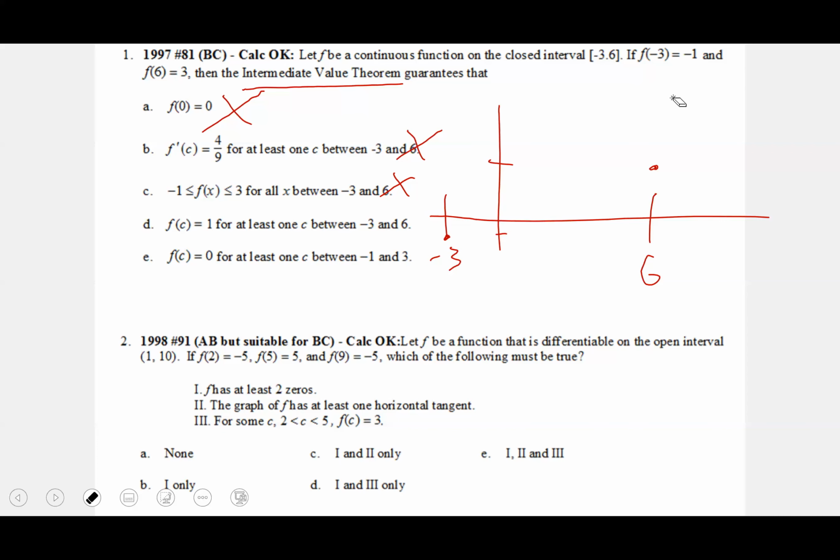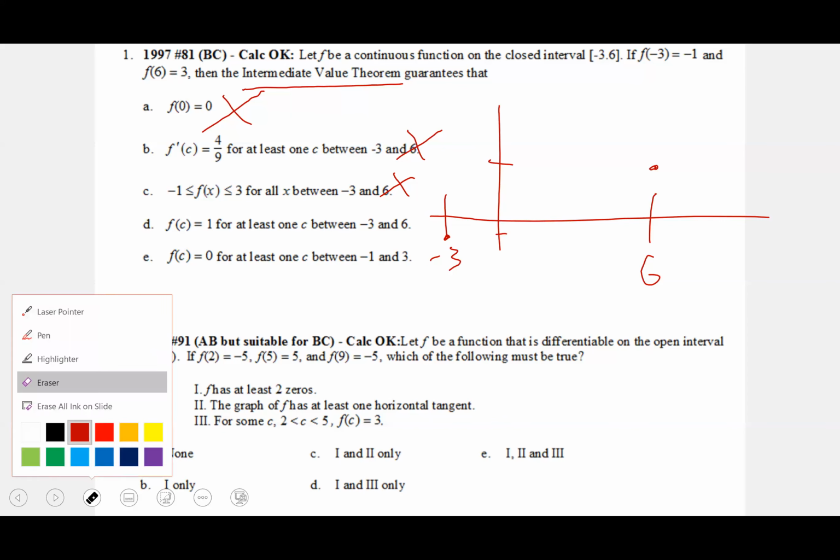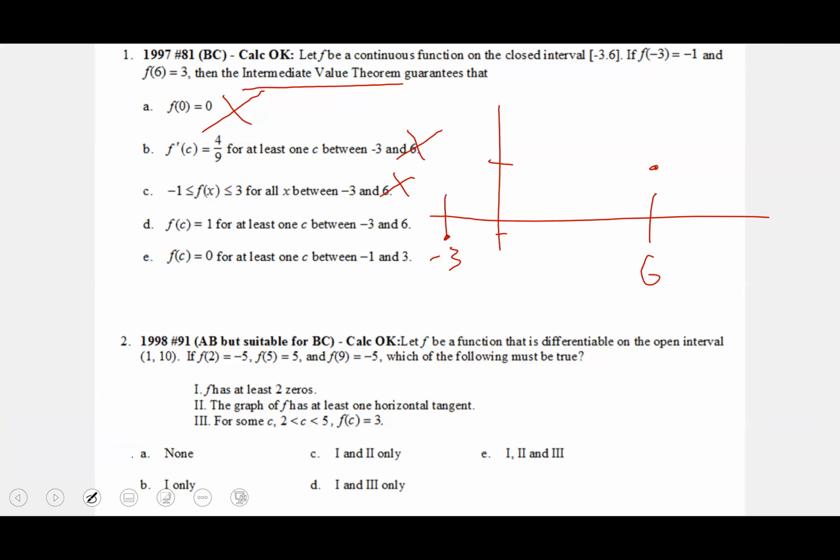Well, can you draw f of c equals 1? So c is some value, they're saying, between -3 and 6. So I'm going to draw c here. F of c is 1. But c could be any number between -3 and 6.